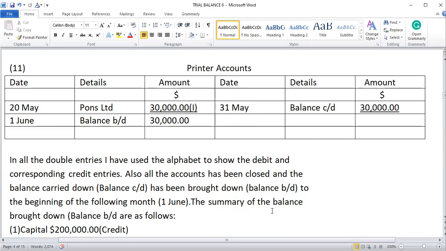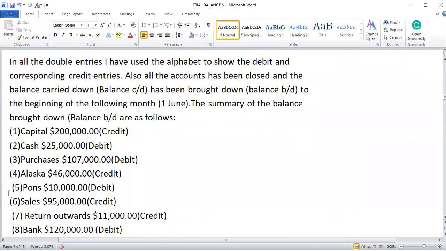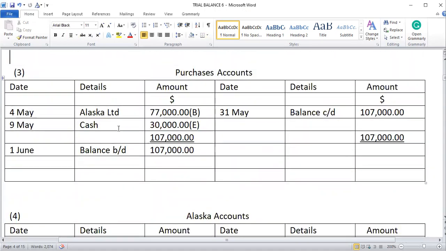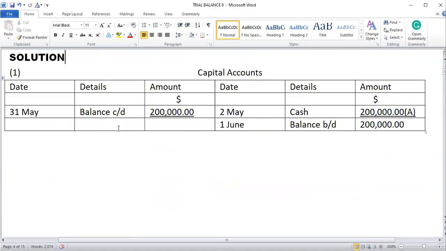The summary of the balance brought down is as follows. So after you've closed the account, the next thing is that you write all down. For example, number one, the capital account, which is the first one, shows a credit balance. It's a credit balance because the following month it has been credited.